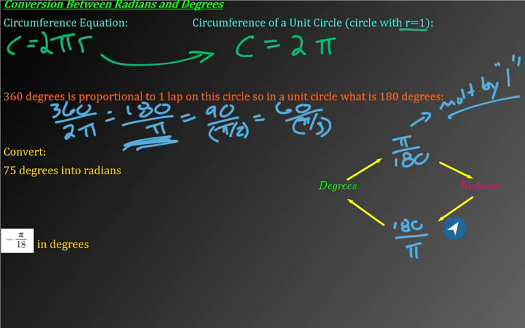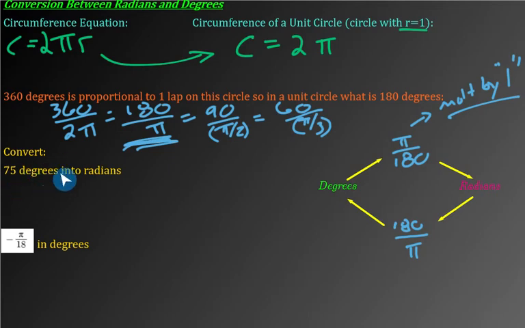And the way I remember this is if I want the radians, I want the pi on top, which is like a radian thing. Anything with pi is radians. If I want the degrees, I multiply by 180 on top. You just have to flip-flop which one's on top, and the one that's on top is telling you where you're going to end up, okay?